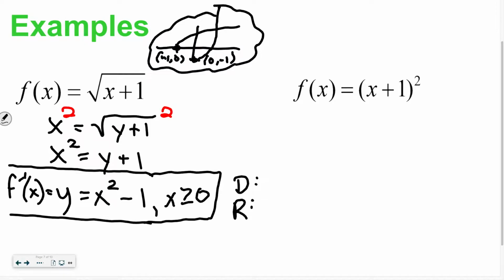So remember, I had said up on the top of the screen earlier that we should state domain and range. Okay. Domain and range of the inverse are switched from domain and range of the original. So if you can imagine this original square root graph, I'll put it in red right here, you should be able to name domain and range for that.